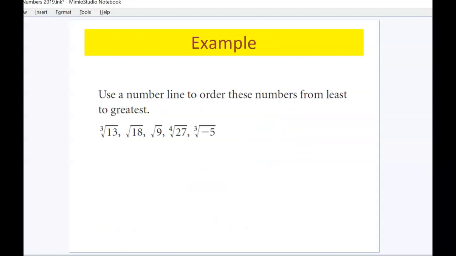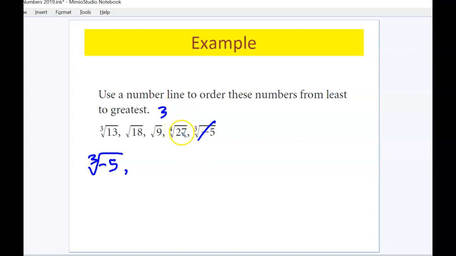Okay, last question here. We want to use a number line in order to order these from least to greatest. Okay, so let's use some of our deductive reasoning skills. We only have one value that's going to be negative, and that's the cube root of -5. So that's going to be the smallest one. Now we know that the square root of 9 is equal to 3.